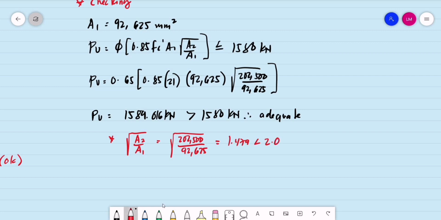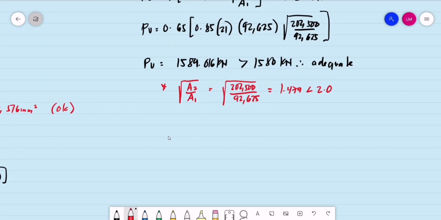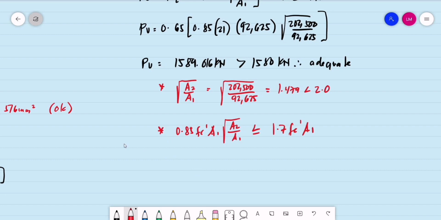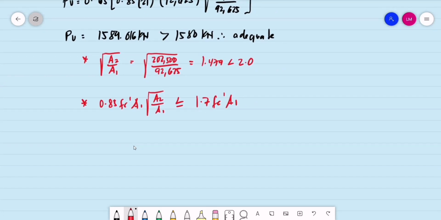Then the other condition is that 0.85 of f'c, area 1, times the square root of area 2 divided by area 1 should be less than or equal to 1.7 of f'c of area 1. So let us check if this condition is satisfied.